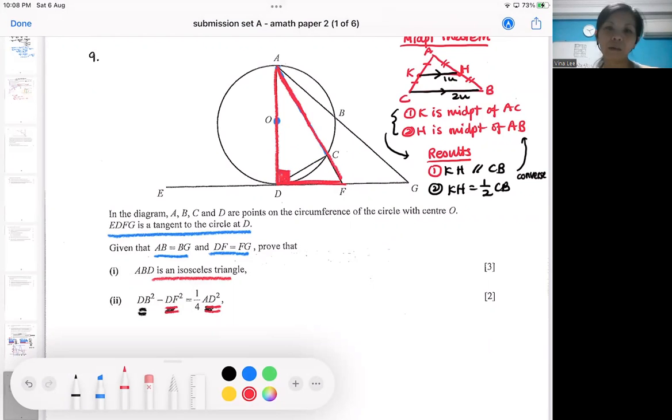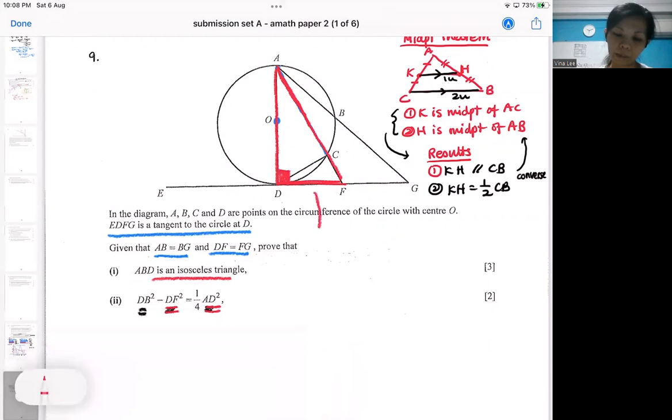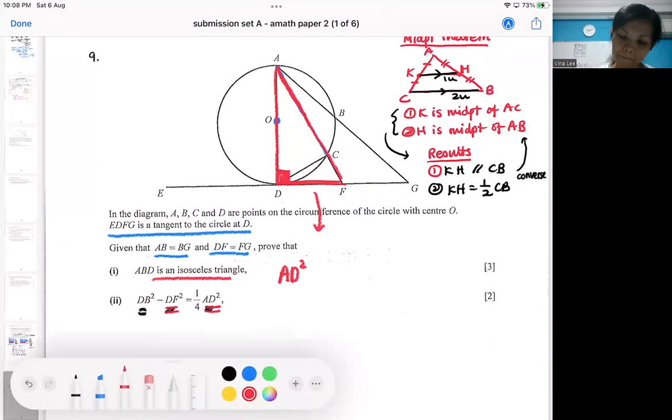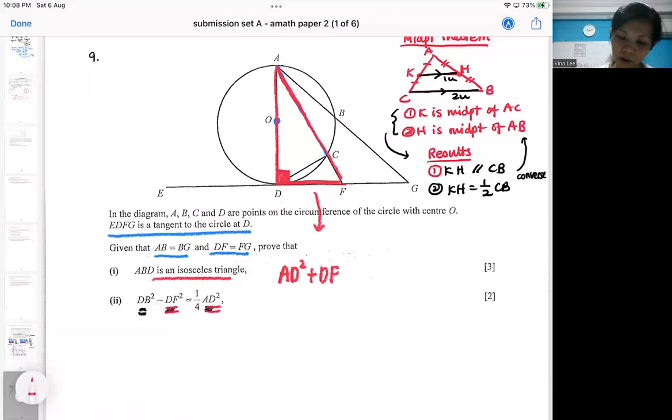I wouldn't know until I play around with it. But because of AD square and DF square, I will use the red one to do my Pythagoras theorem. If I do my Pythagoras theorem, it looks like this: AD square plus DF square equals AF square.